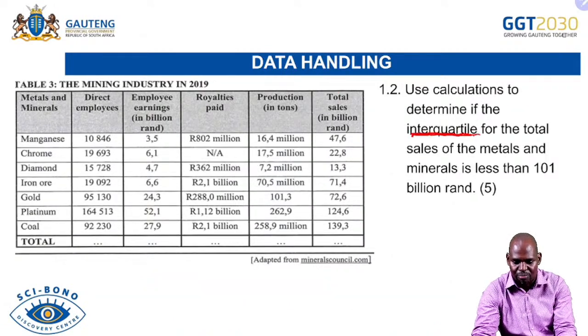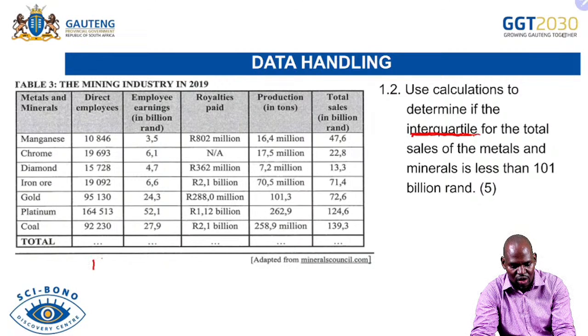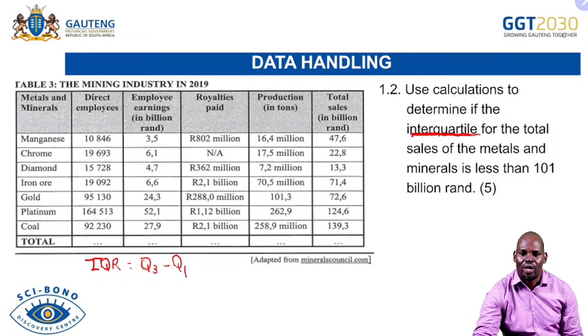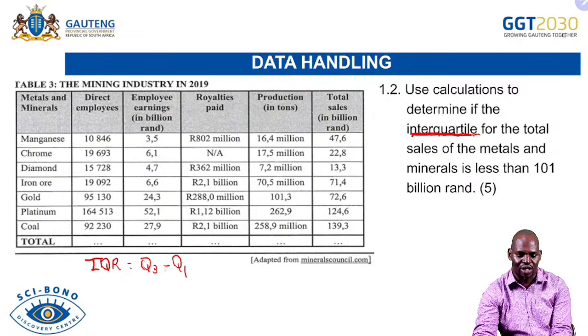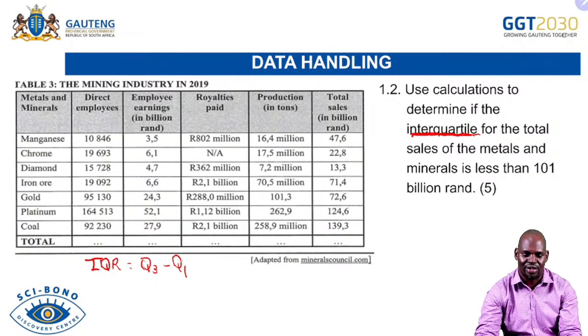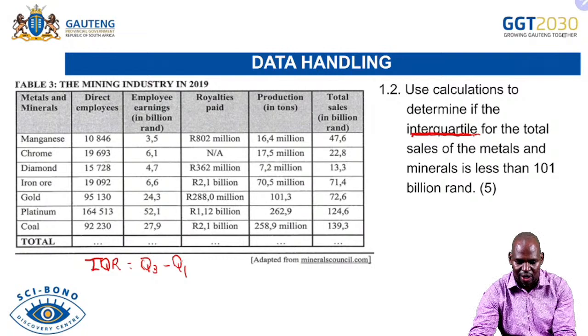Remember, for the interquartile range we need to know IQR equals Q3 minus Q1. So that means we need to know what our upper quartile and lower quartile are. To find the upper quartile and lower quartile, we need to arrange them. Yes, we have already arranged them in our previous one, but we can do it again.